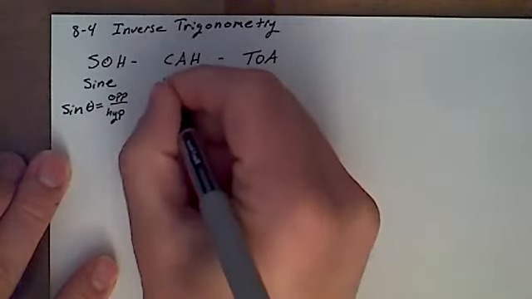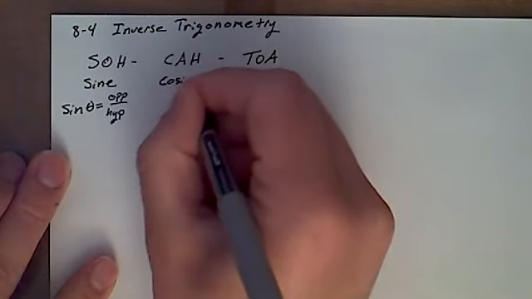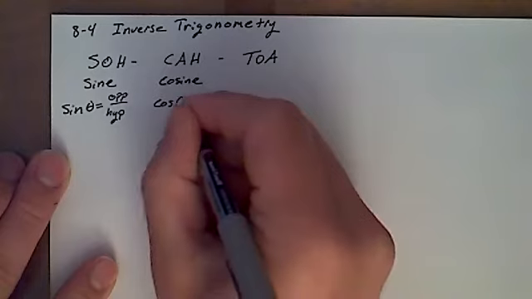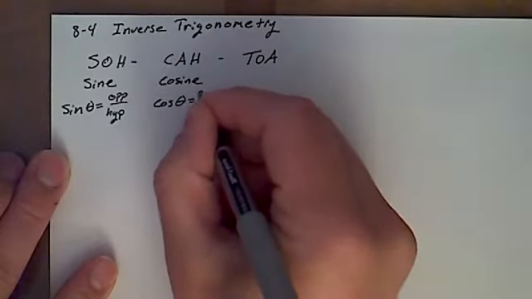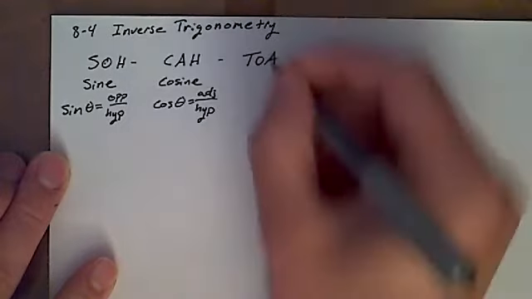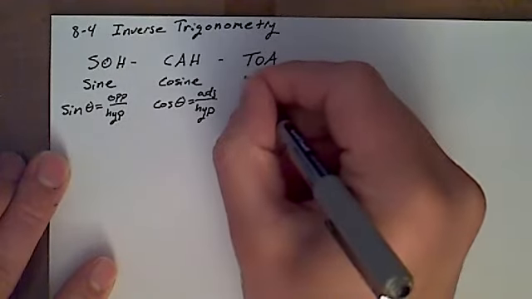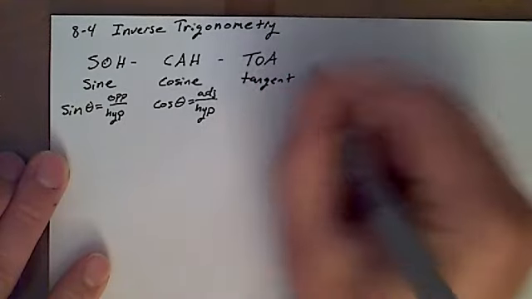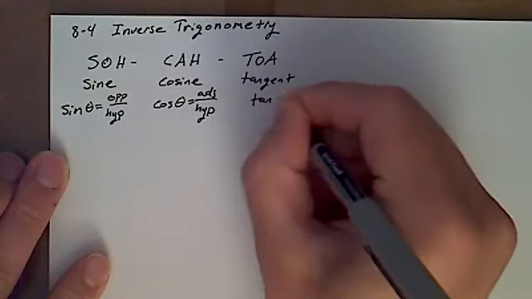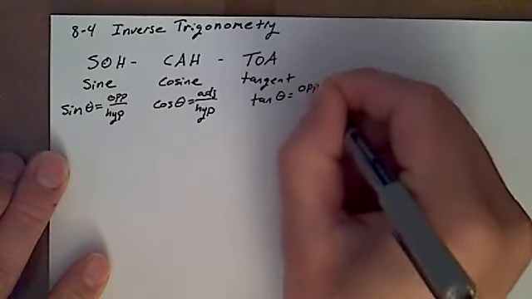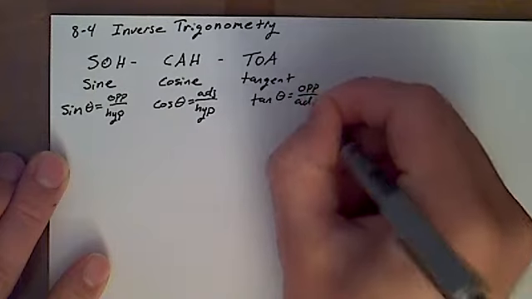C is for cosine. This is the cosine of some angle is the adjacent over the hypotenuse. And then T is for tangent. And the tangent is the opposite over the adjacent.